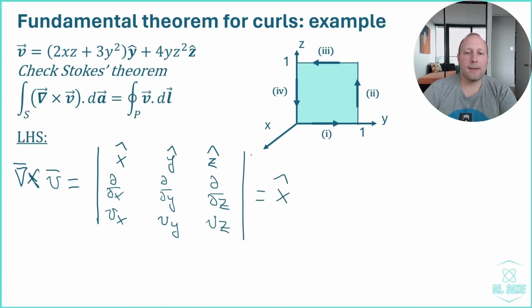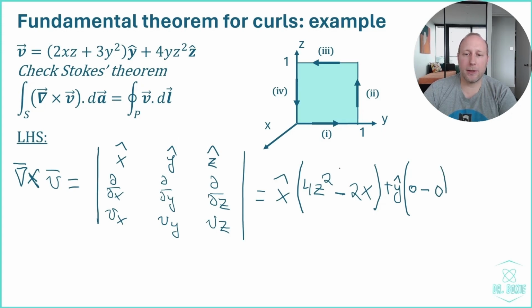We get x hat multiplied with the y derivative of the z component of V, which is 4z squared, minus the z derivative of the y component, which is 2x, plus y hat multiplied first with the z derivative of Vx, which is 0 because there is no Vx, minus the x derivative of Vz, but Vz doesn't have an x in it, so it's also 0.